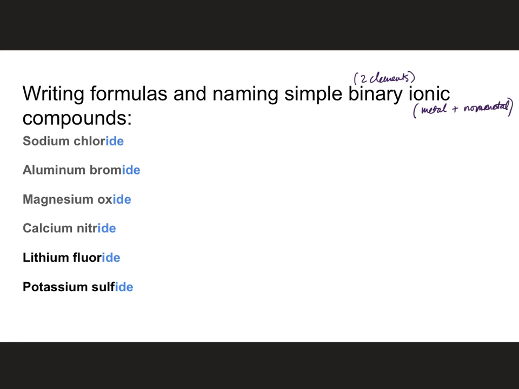And this is how we write their formulas. The metal is mentioned first in the name and has a positive charge. The non-metal is mentioned second in the name. The suffix is changed to "ide," and that particle has a negative charge.